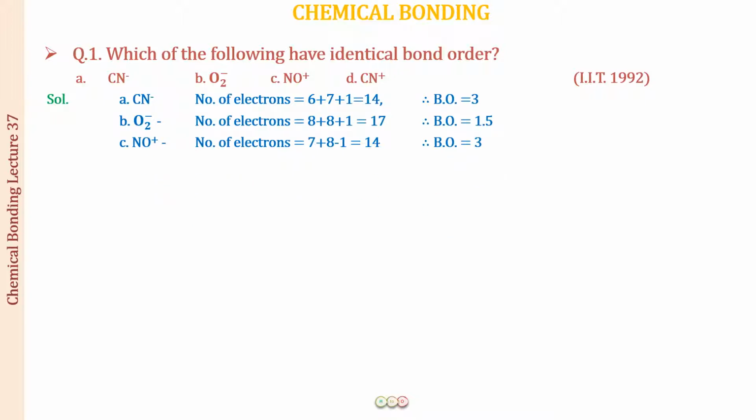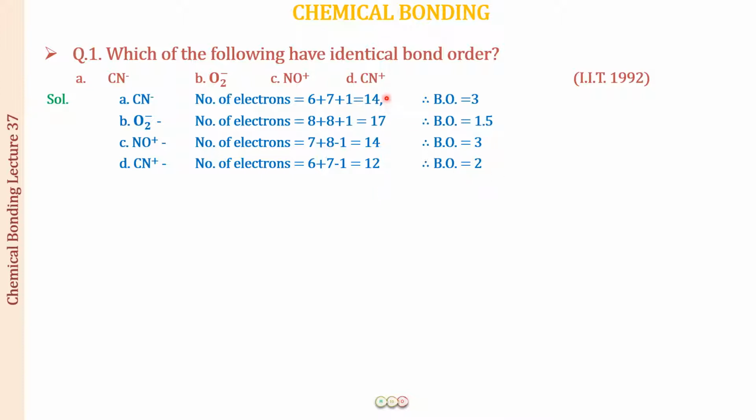Simple. Next we have NO positive. So the number of electrons: nitrogen 7, 8 for oxygen, minus 1 for the positive charge, you will get 14 as the number of electrons, so bond order is 3. CN positive: number of electrons 6 for carbon, 7 for nitrogen and minus 1 for the positive charge. So 12 electrons, the bond order is going to be 2.